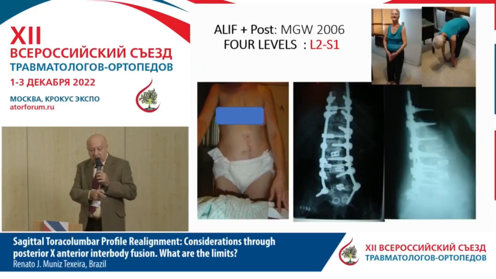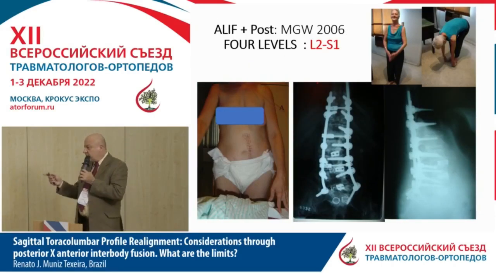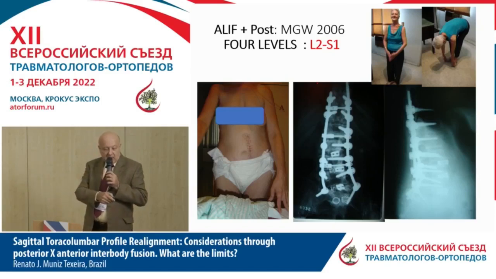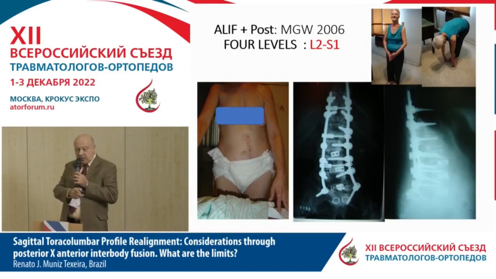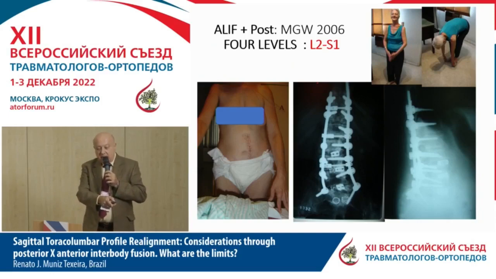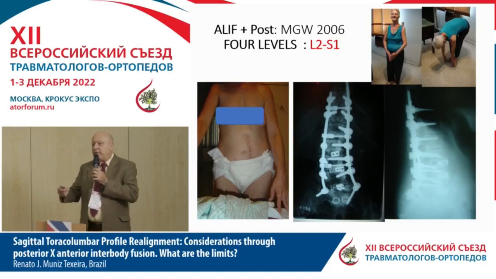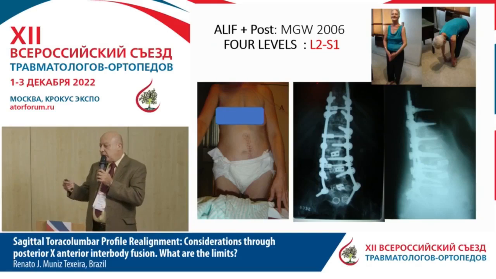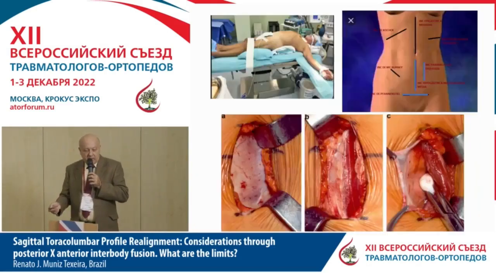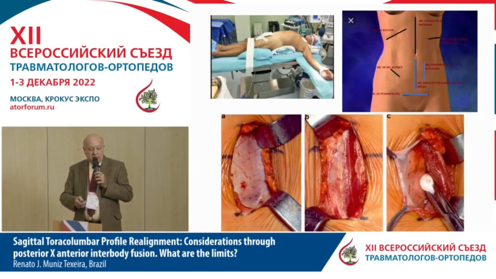With the anterior approach, we can get 4 levels and a good mobility in spite of fixation, arthrodesis. That's why people with high PA have a good compensation, different from people with low PA. So you can get a good restoration.